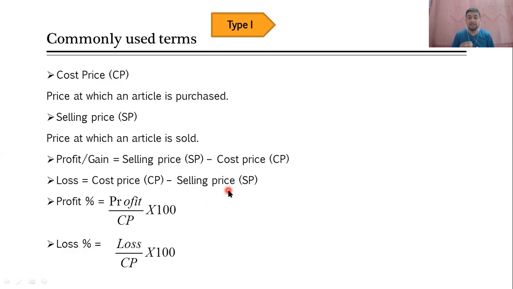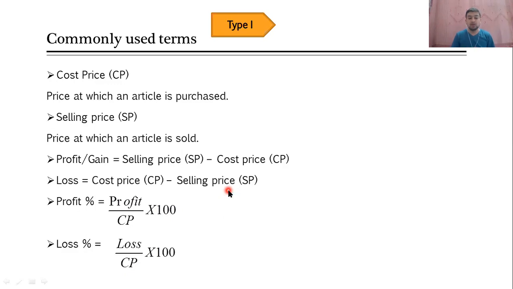That means the selling price here is rupees 120 and the cost price is rupees 100. So how can you calculate profit? You are selling it at rupees 120, but you purchased it at 100 only, so it is a profit to you, a profit of rupees 20. You calculate it as 120 minus 100.